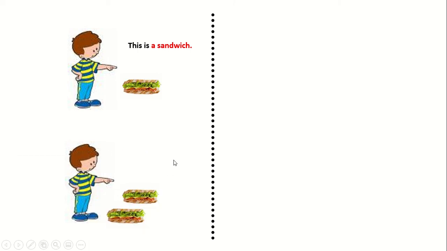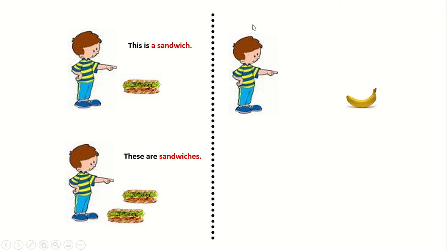And the boy is near the sandwiches, قريب. So what do we say? These are sandwiches. So please be careful with the pronunciation and nutq. This, these, this, these.